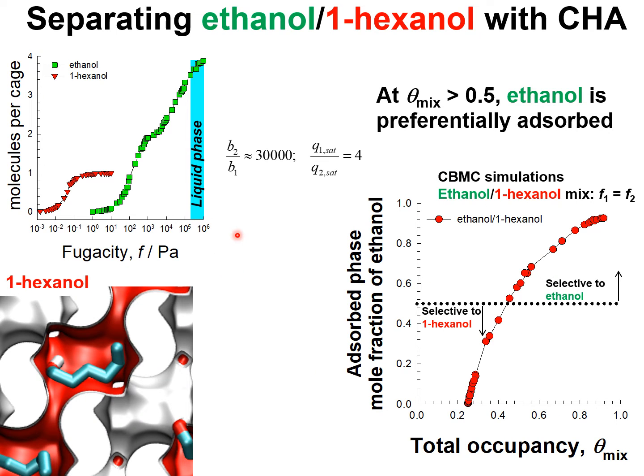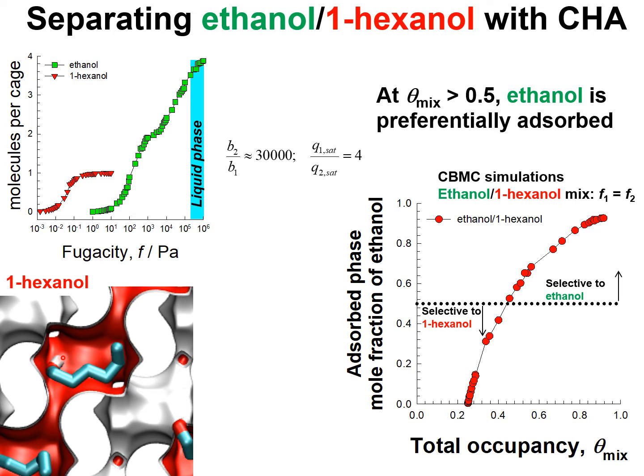Precisely analogous explanation holds for mixtures of ethanol and 1-hexanol. The unary isotherms for 1-hexanol are shown here. This is the unary isotherm for ethanol. The saturation capacity of ethanol is 4 times higher than the saturation capacity of 1-hexanol.